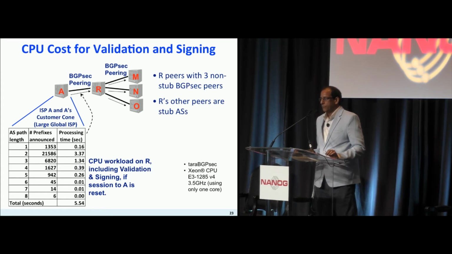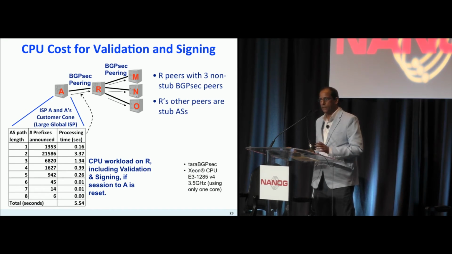This is a model for estimating the CPU cost for validation as well as signing. Once again, we focus on the router R in the middle. It peers with AS A, which has the 32,000 prefix customer cone. R also peers with M, N, and O and does BGPsec peering with them.